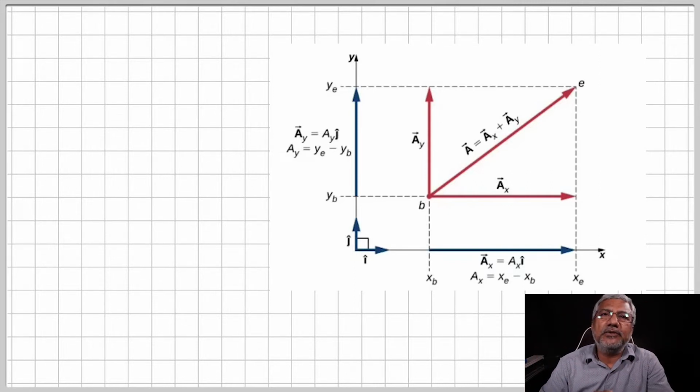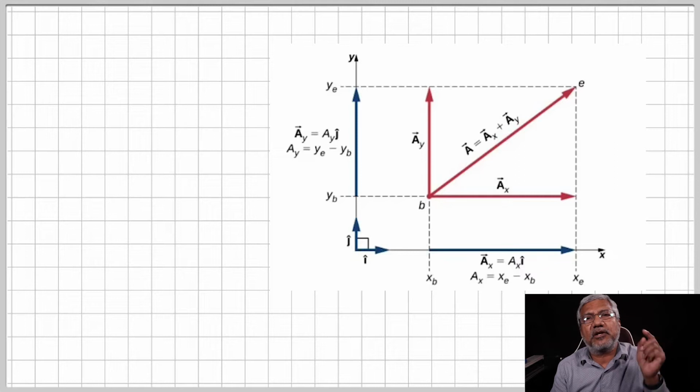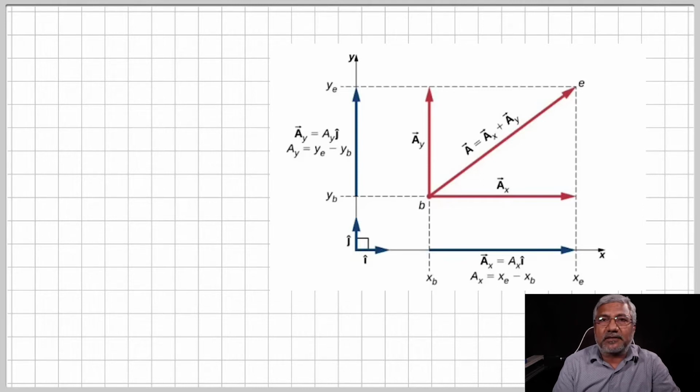But we can also use the unit vector method. Now, unit vectors i, j, k: i is along the x-axis, j is along the y-axis, and k is along the z-axis. These are called unit vectors because their magnitude is 1. So what's the use of these vectors? I'm glad you asked.